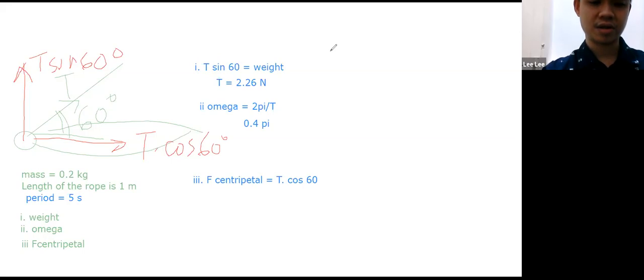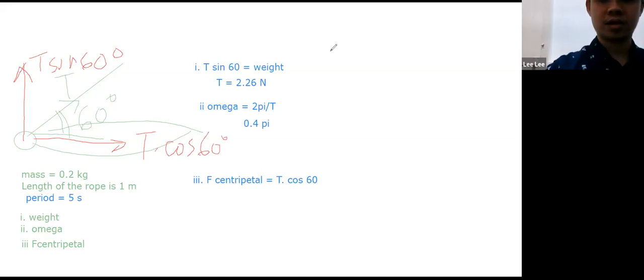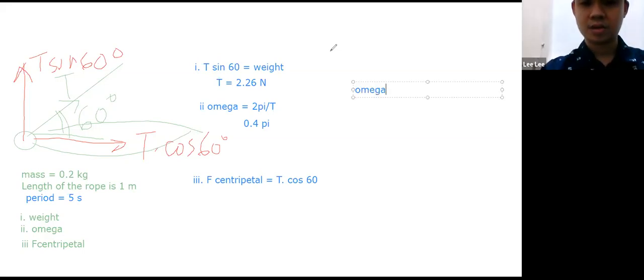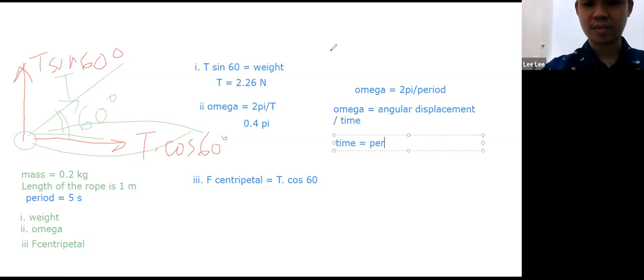So any question you guys would like to ask? Can you explain once more the omega formula, sir? It's not quite clear. Okay, sure. Omega is 2 pi over period. I give you this formula because omega is given by angular displacement divided by time. So let's say the time is 1 period.